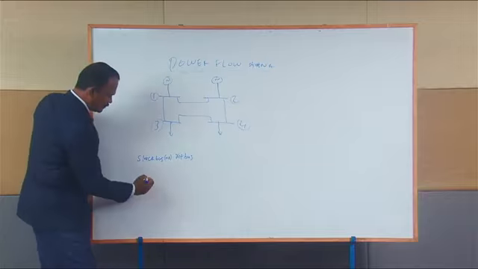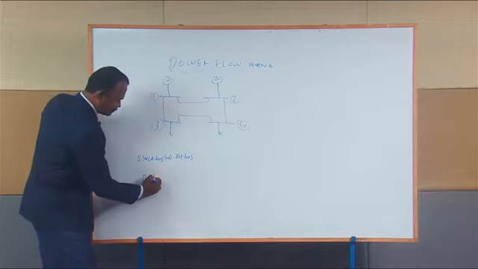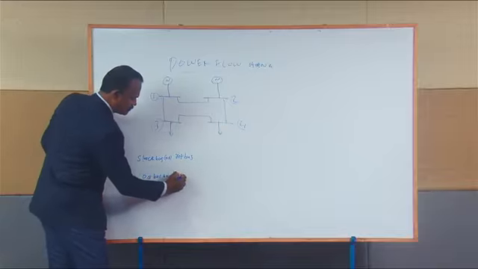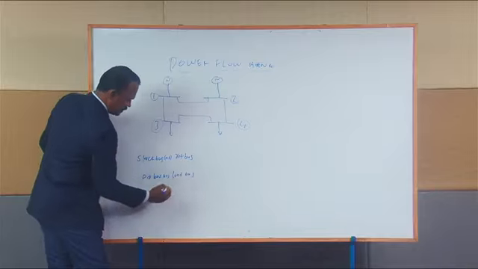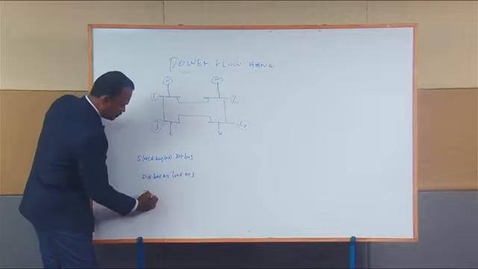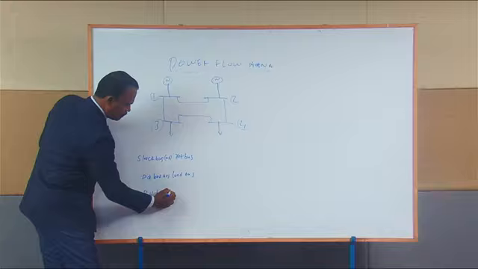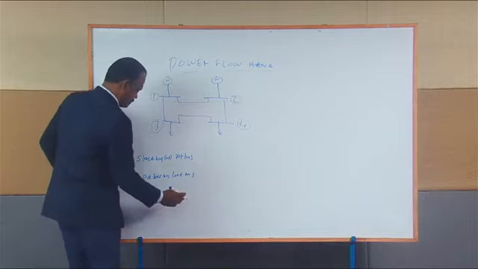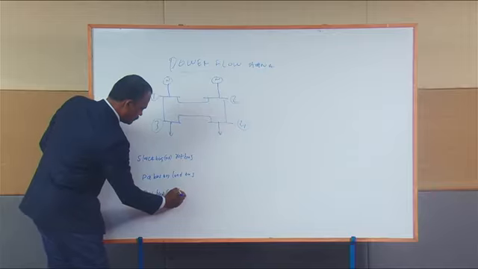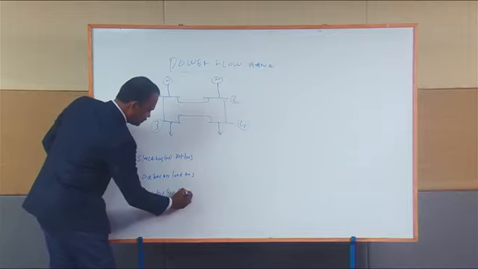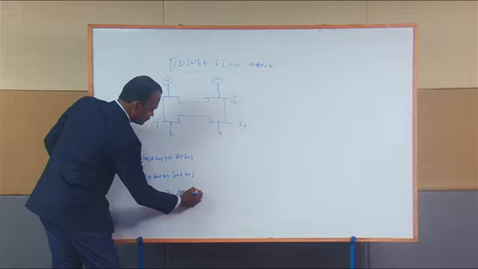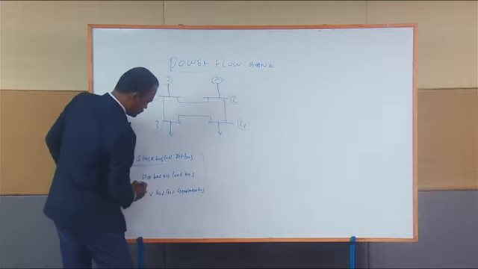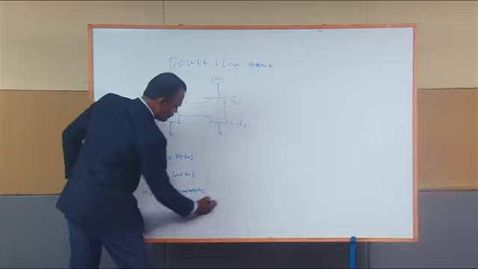The second we call a PQ bus, or a load bus. And the third we call a PV bus, also called a voltage controlled bus, or generator bus. What is a slack bus, what is a PQ bus, and what is a PV bus?